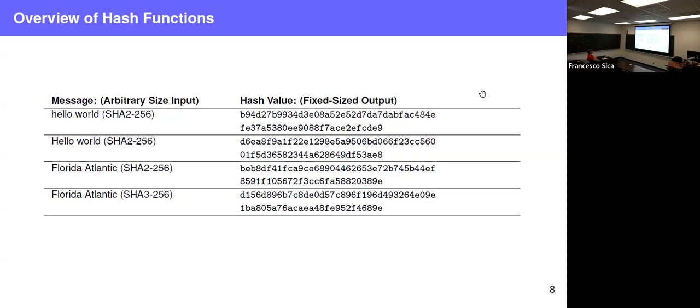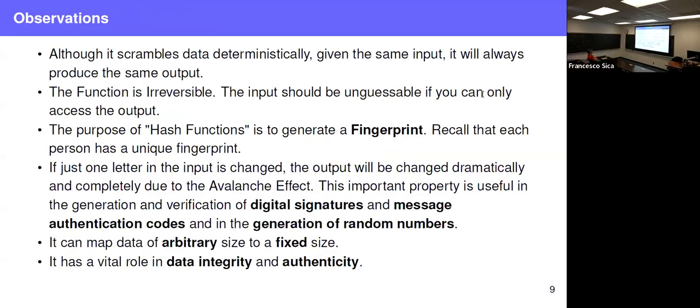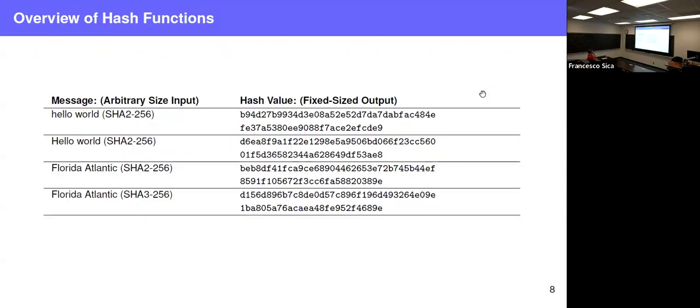Hash functions create fixed-size fingerprints of data. As I mentioned before, notice how completely different outputs are generated when inputs differ by just one character.